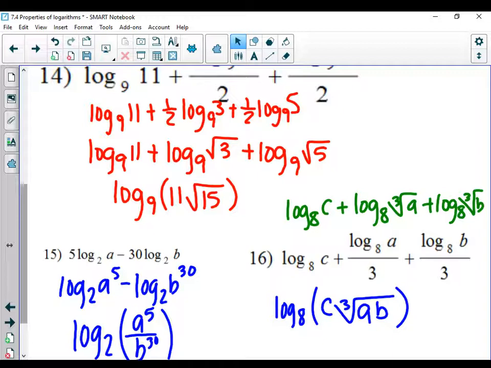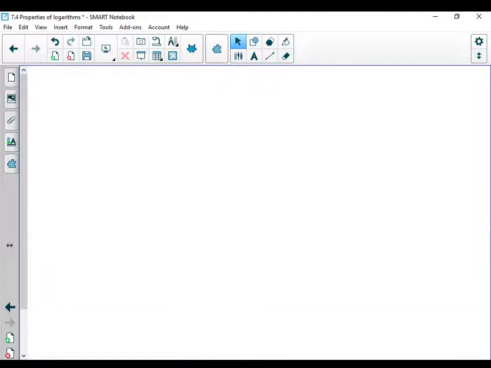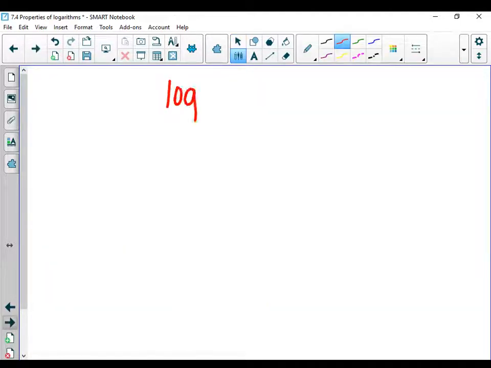So let me show you what I mean by everything we've learned Friday and today, and why that's important. What we're going to come across is something like that, and we're going to have to solve for x. So we've learned how to make it into one logarithm.